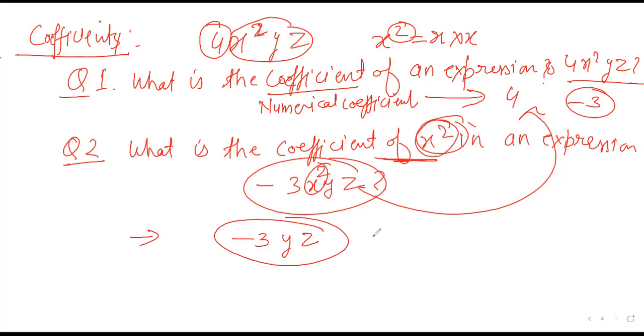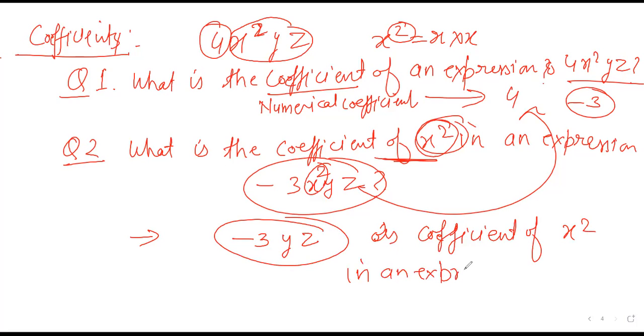That is, minus 3yz is the coefficient of x square in the expression minus 3x square yz. This is the typology of the question asked in the same type of question.